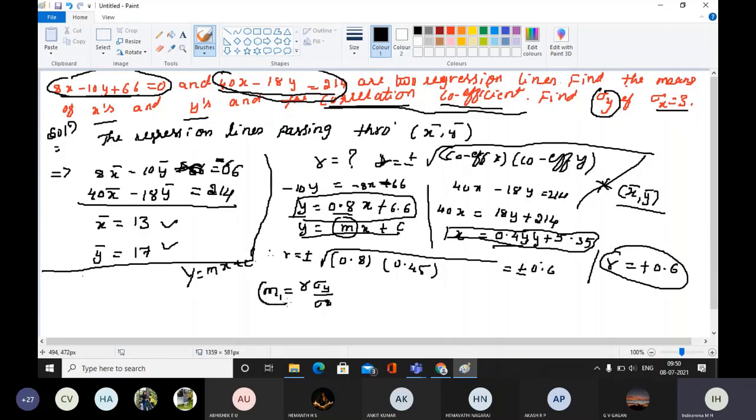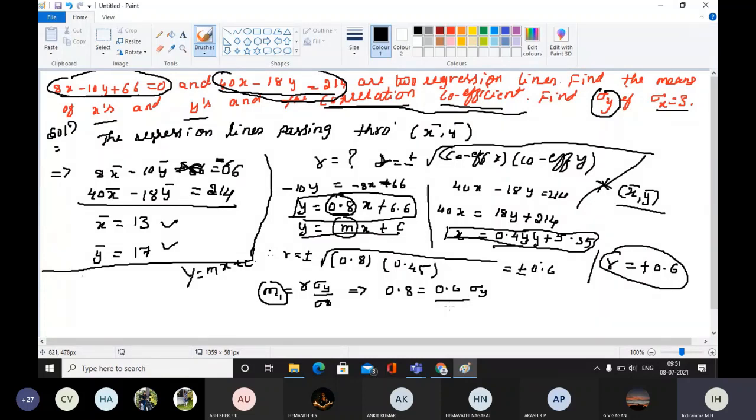So what is m1 here? 0.8 is equal to r, what did we get for r? 0.6, into sigma y that we need to calculate, divided by sigma x.